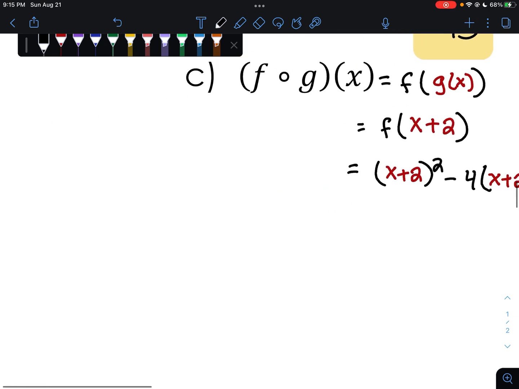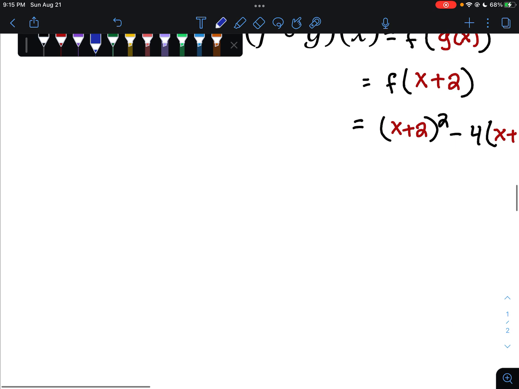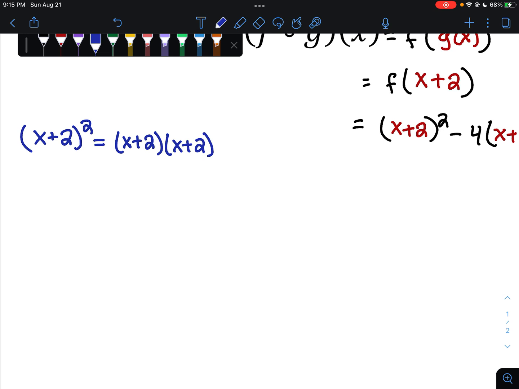So off to the side, I am going to show you x plus 2 squared is equal to x plus 2 times x plus 2. If we FOIL, x times x is x squared, x times 2 is plus 2x, 2 times x is 2x, and 2 times 2 is 4.